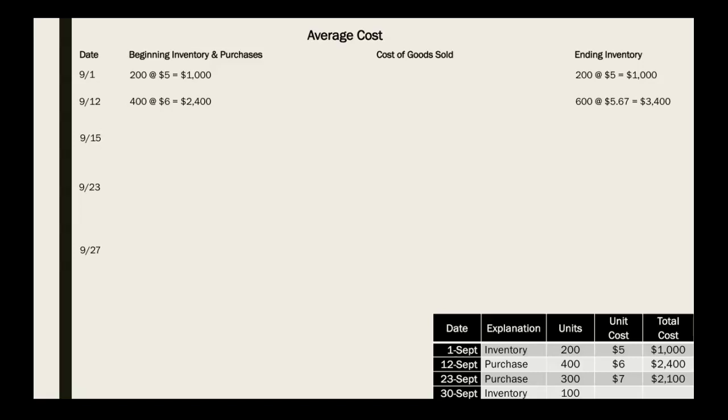So now here on the 15th, we made a sale. We sold 440 units. So what we do is we write down that we sold 440 units at the current average unit cost. So we write 440 at $5.67 equals 2,493.